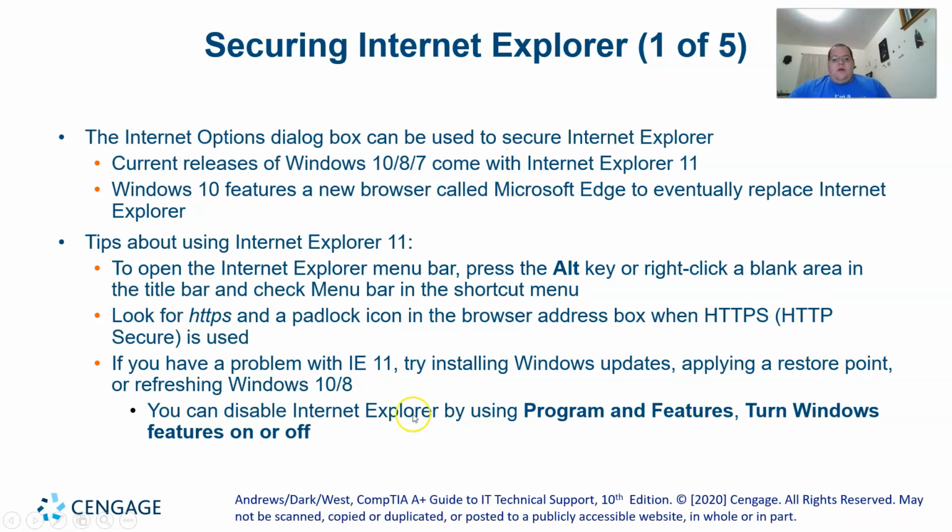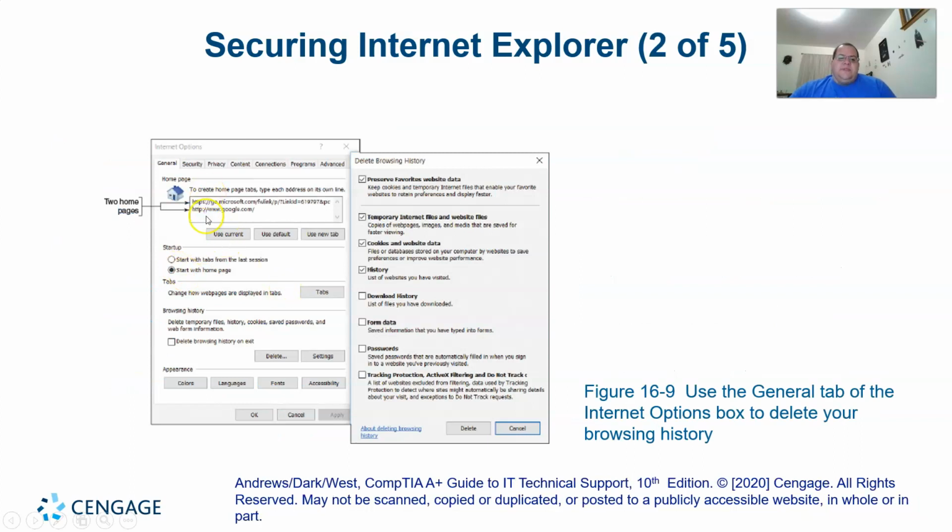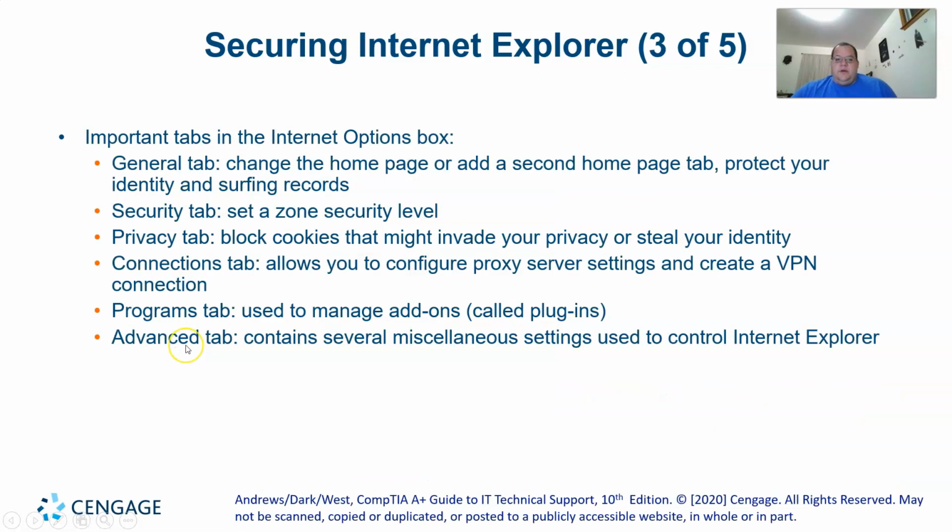You could do that, or you could also restrict the browser to only open links with HTTPS and not HTTP. So this is an option where you can restrict which one you want to use.